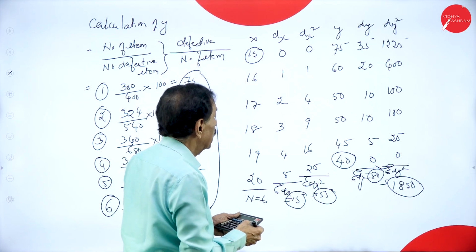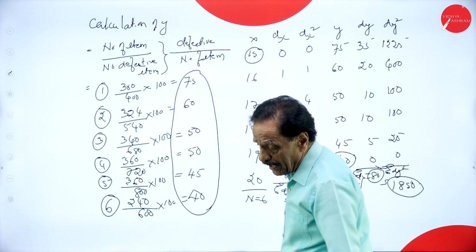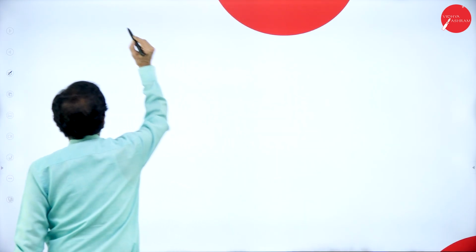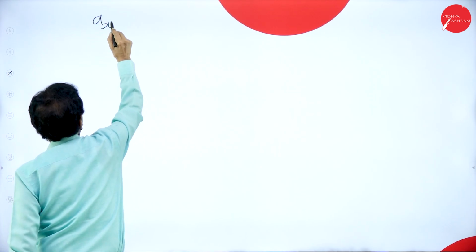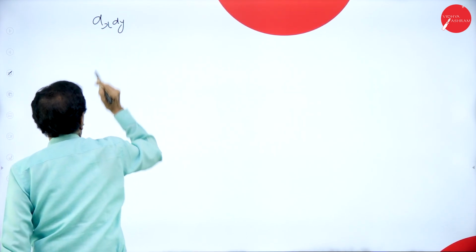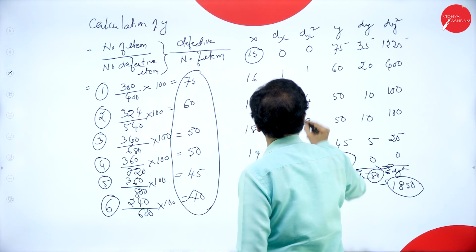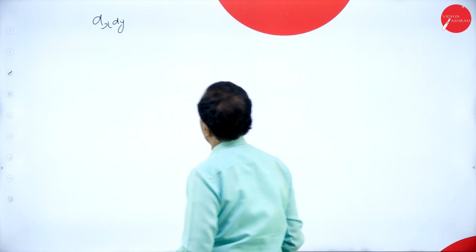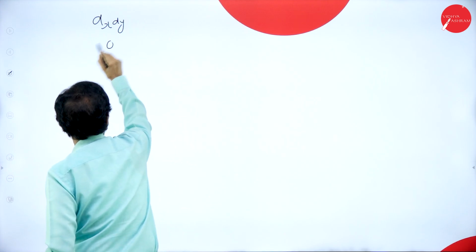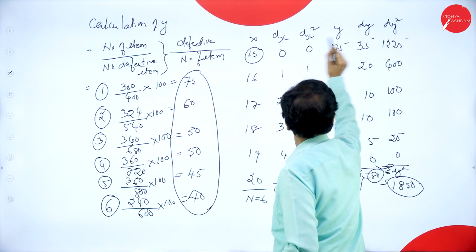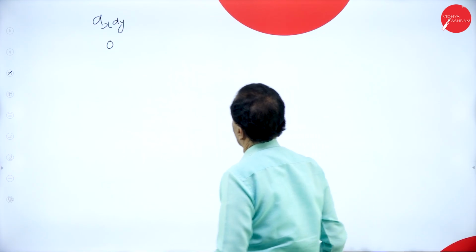Okay. Now, last step, dx dy. Carefully you have to do. Now, come back here. What's your dx? 0 into 35 is 0. So this is over. 1 into 20 is 20.